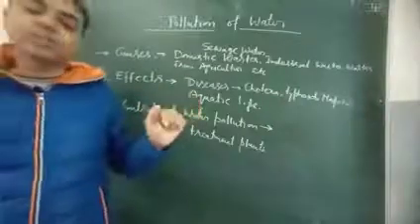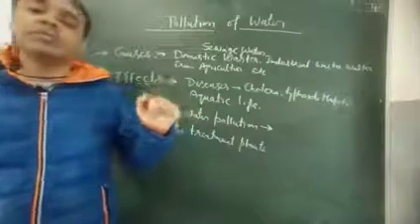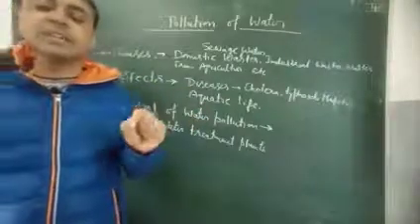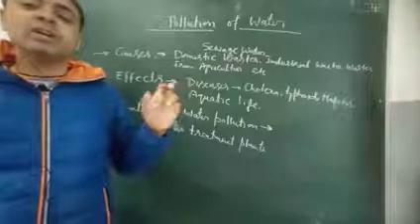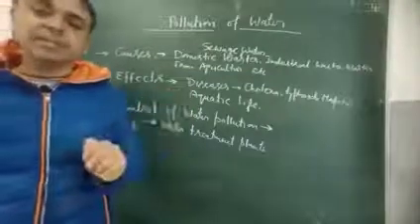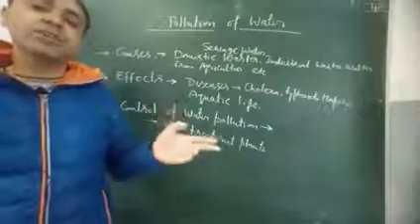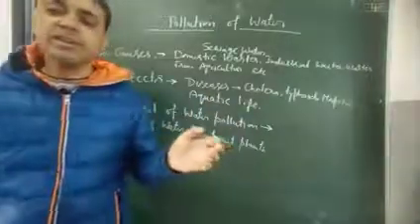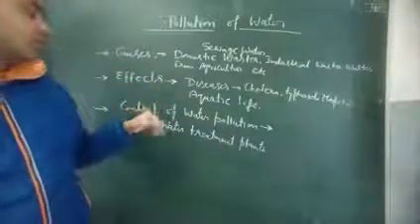We should not use harmful fertilizers in our field. Instead we can use manures, or natural herbicides and pesticides, so that with the rainwater they do not pollute our environment or our surroundings. So these are some methods to control water pollution.